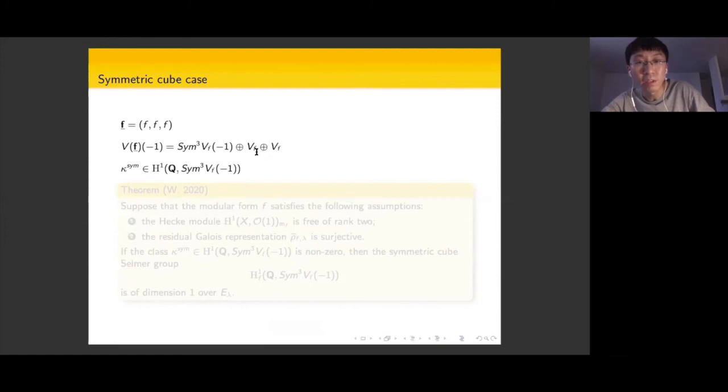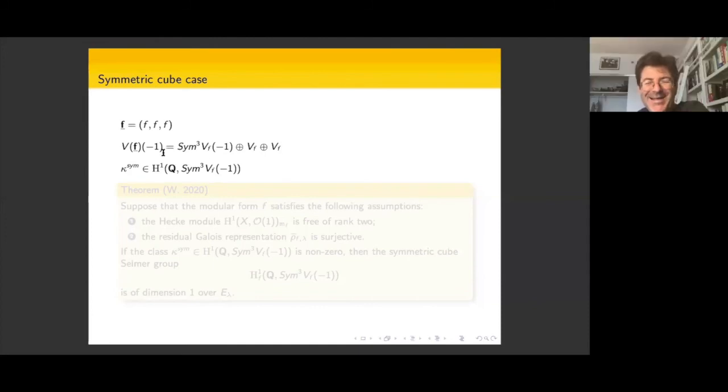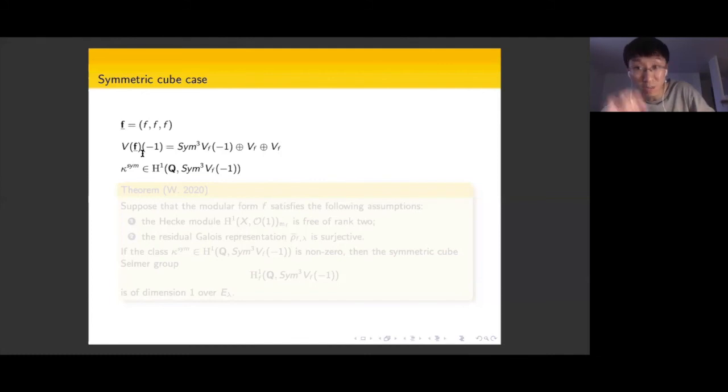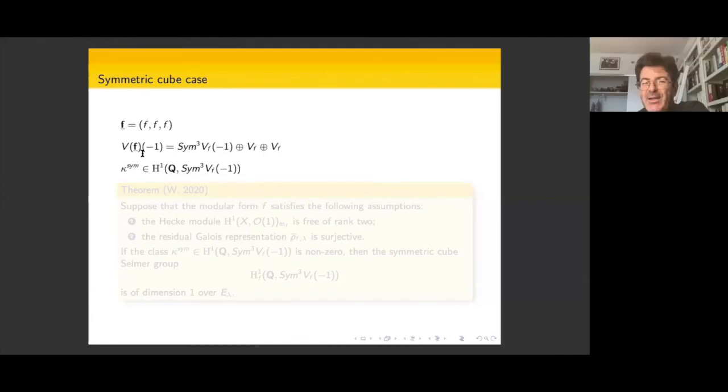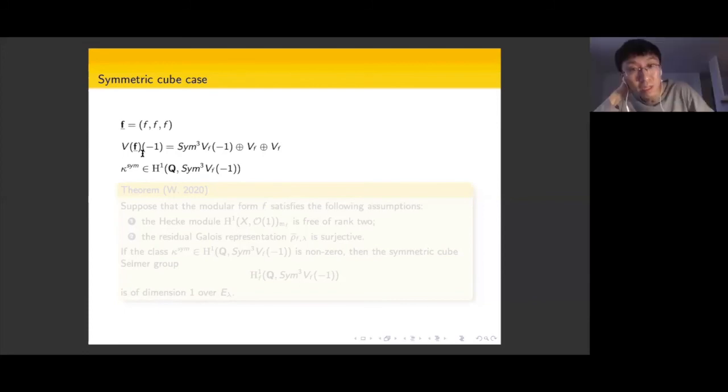Then the root number of F is in fact equal to the root number of the triple product L-function, and here you have two copies. So this means that the triple product should vanish to order at least 3. And by the Gross-Zagier formula, you see that the diagonal cycle can never see anything in the triple product. So in this situation, you cannot even say anything about the symmetric cube. And this is really very unfortunate, I think.